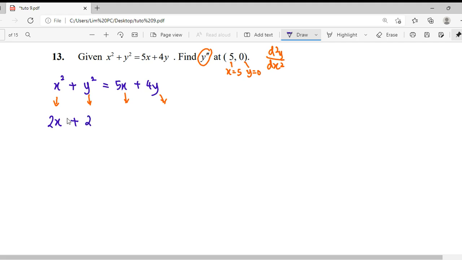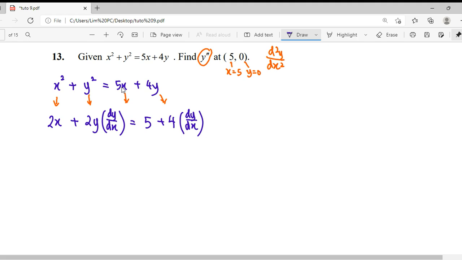So power moves to the front, power minus 1, but because this is a variable of y, the implicit way will be to multiply with the factor of dy dx. Then equals to, for 5x, differentiate 5x gives us a constant 5. Then differentiate 4y will give us 4, but because this is a y term, differentiating implicitly, we have dy dx.